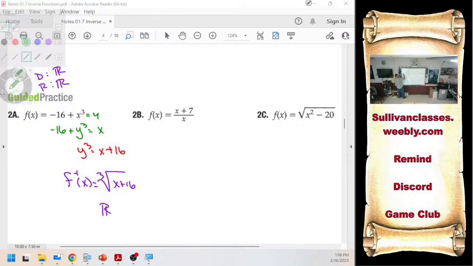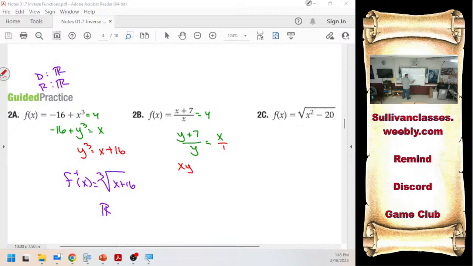Okay, this one. Set f(x) equal to y. Swap x's and y's. y plus 7 over y is x. I'm going to cross multiply. I like cross multiplying. You can multiply both sides by y. It doesn't matter. I get xy is y plus 7. If I want to solve for y, then I need all my y's on one side.